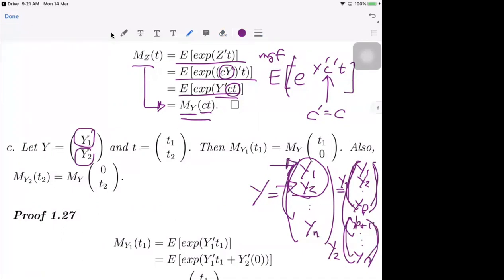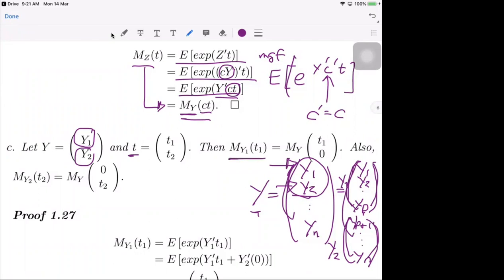Similarly to how you partitioned your Y here, suppose we can partition t also into t1 and t2. The purpose of this is for us to take the marginal moment generating function.